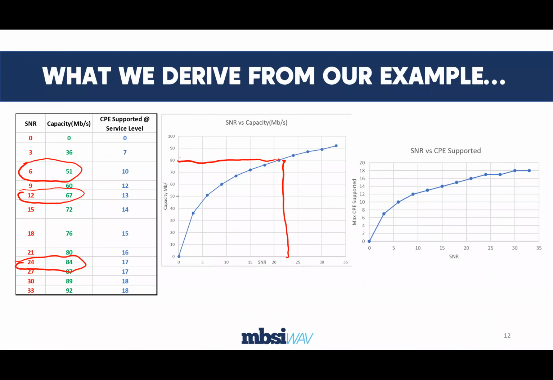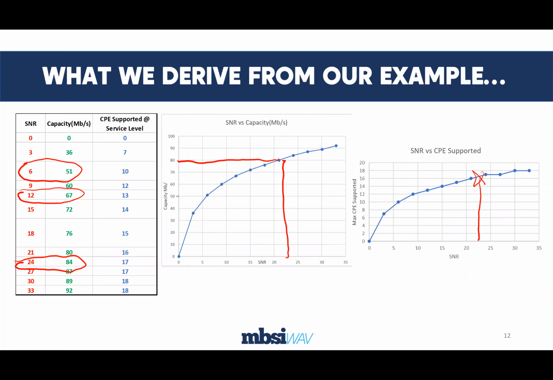Then I take my service level, I want to supply a 50 megabit service, and divide it by, or multiply it by, my 10-to-1 oversubscription ratio. I now end up at this 22. If 22 were indeed my average, I could support 16 or so CPE on that sector.